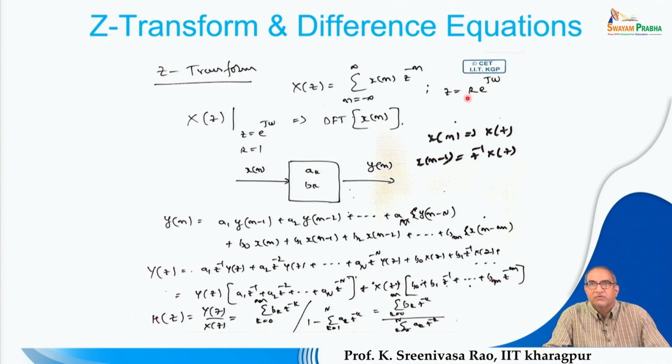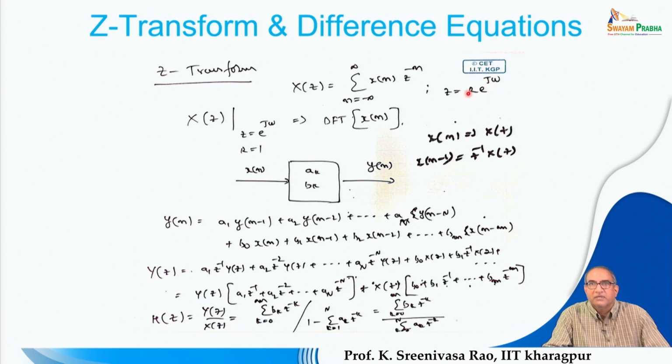So, z equals r e^{jω}, a polar notation, where r indicates the radial distance from the origin, and omega indicates the angle of a point.